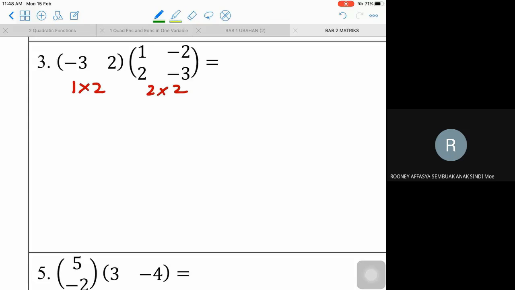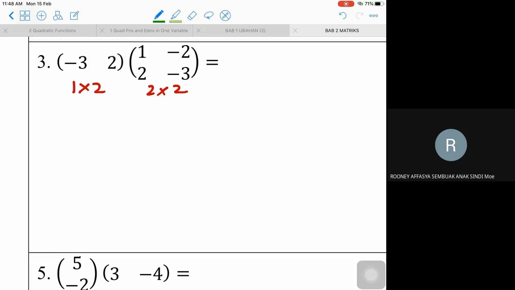Tak dengar saya. Adakah dia bercakap ni? Yes, we can multiply, okay, because the column from the first matrix is equal to the row for the second matrix. Okay, so what is the order for the product?